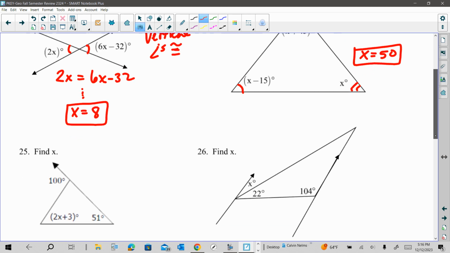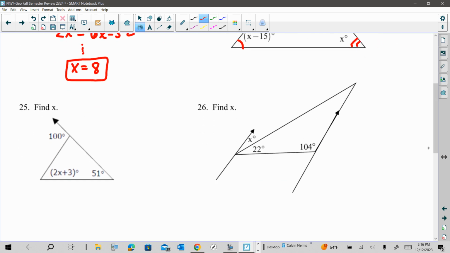Now when you get to 25, this is dealing with triangles. So this is our most current unit, which I think is unit 4. Hopefully you see that the 100 is outside the triangle, so this is your exterior angle. And these two angles inside the triangle are your remote interior.